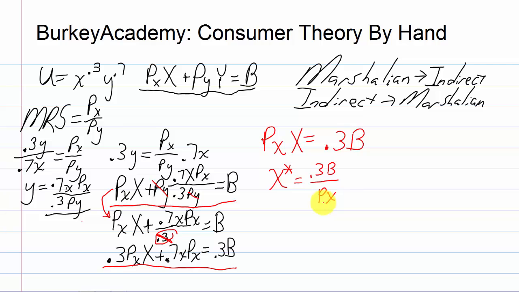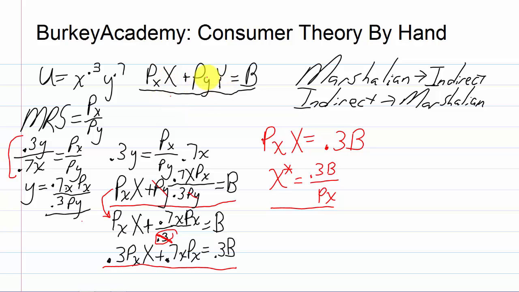And by going through and doing exactly the same kind of thing, we could solve this for x would be one option, plug it into the budget line. Or at this point, we could take this x star and plug that into the budget line for x, and then solve that for y.